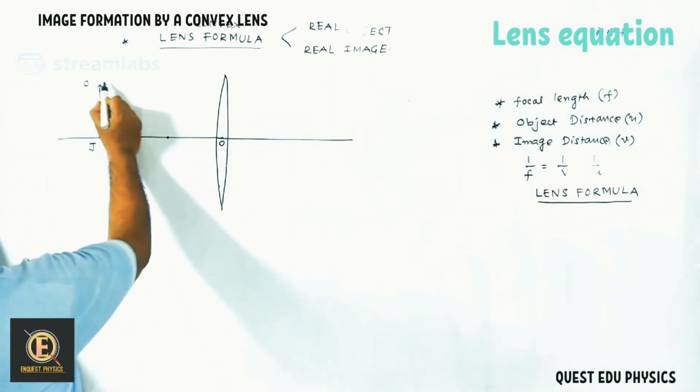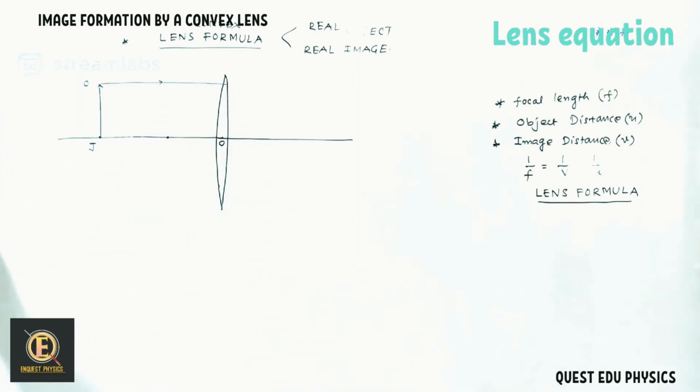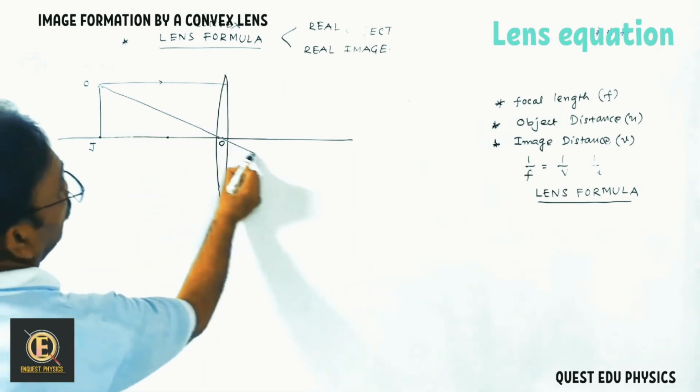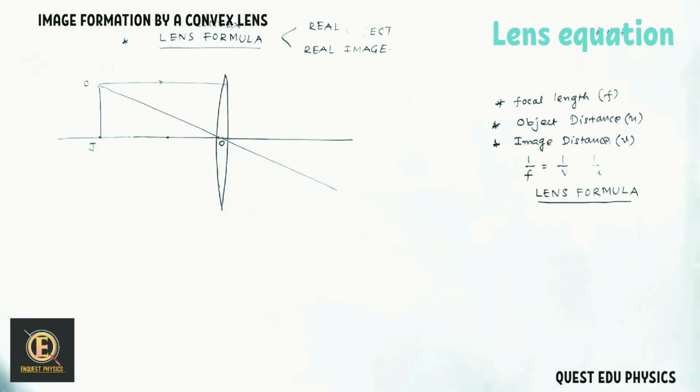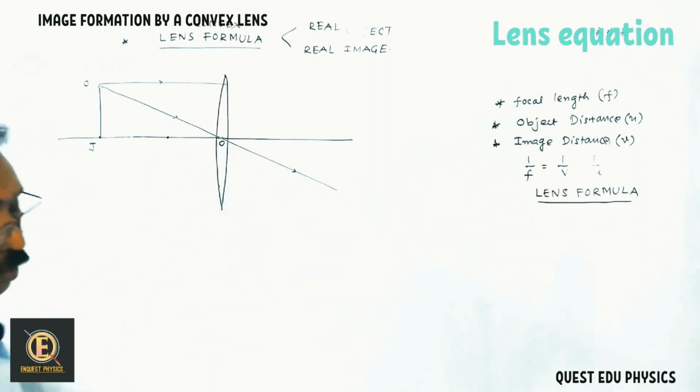Okay, this ray passes without any deviation, you know that. And this ray gets refracted, that means changes its path, and it passes through the second focus. And the two light rays will intersect at a particular point. There we would find the image.